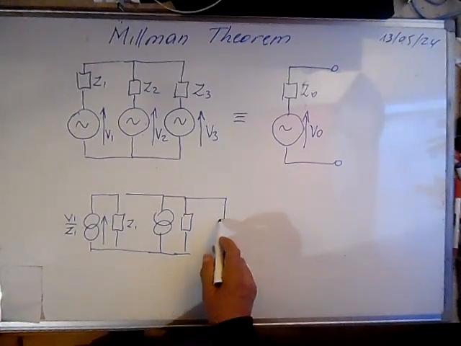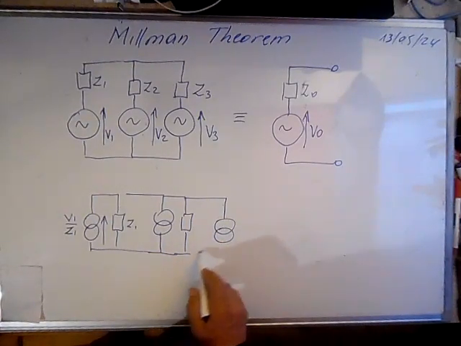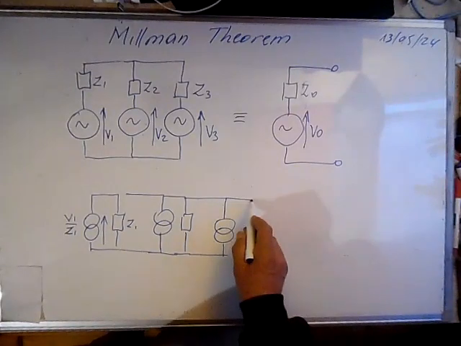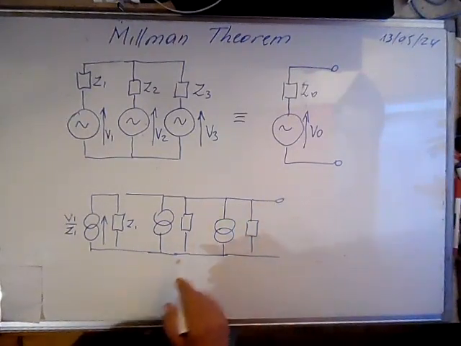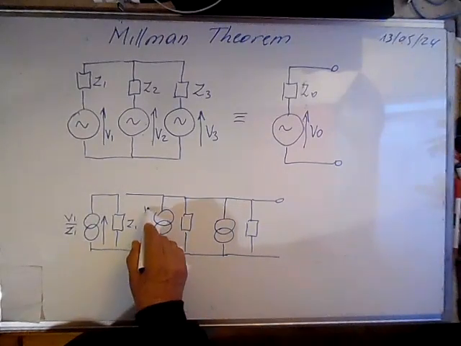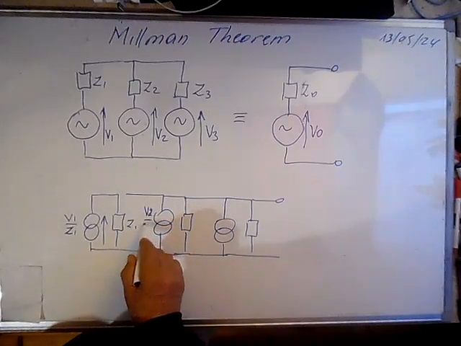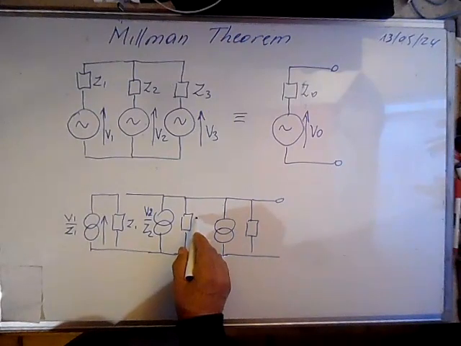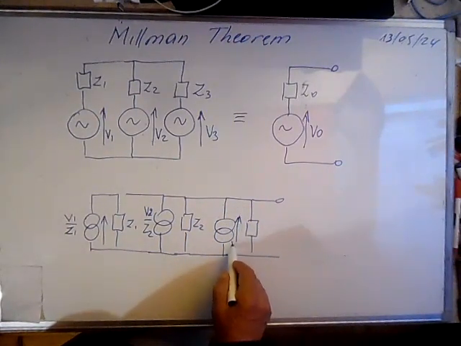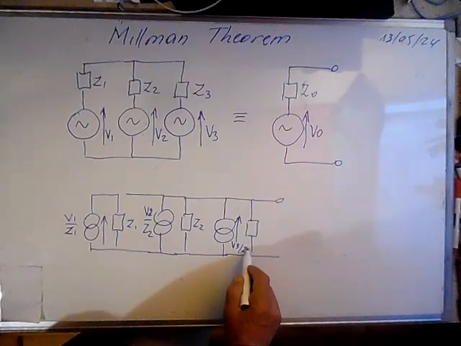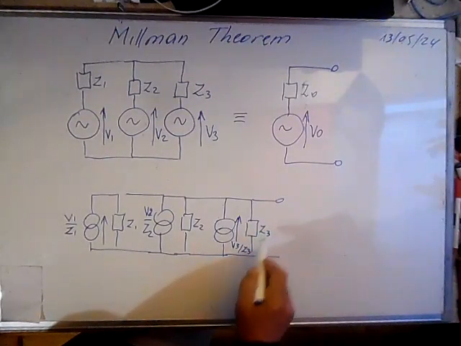Millman theorem is a mixture of Norton and Thevenin theorem. Okay, so we transformed all the voltage generators to current generators. Here we have V3 over Z3, Z3.